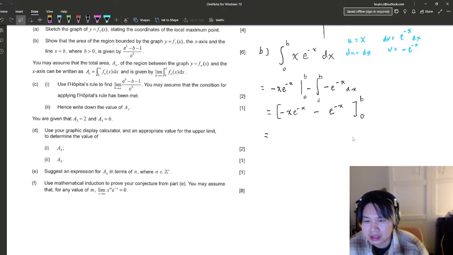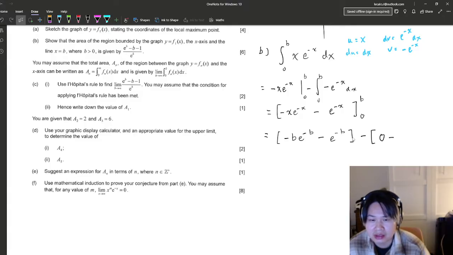So what do I get? Negative b e to the negative b, minus e to the negative b, minus 0 minus e to the power negative 0, so 1, right?